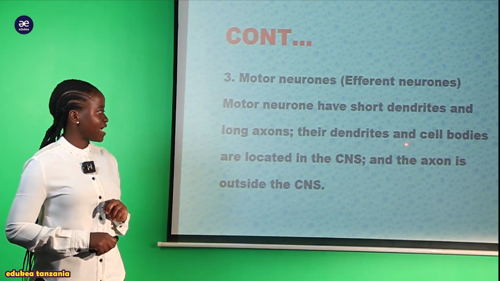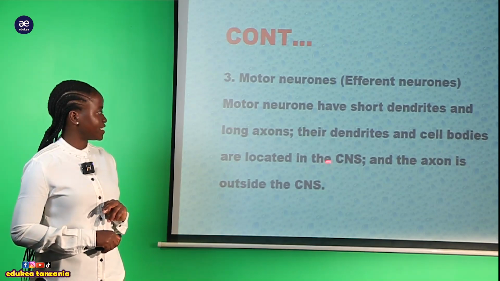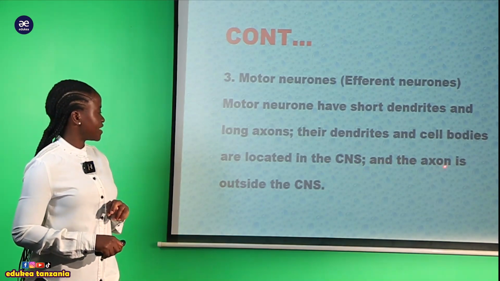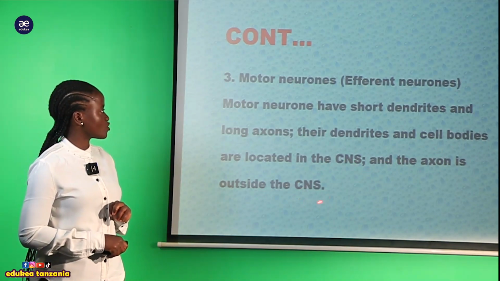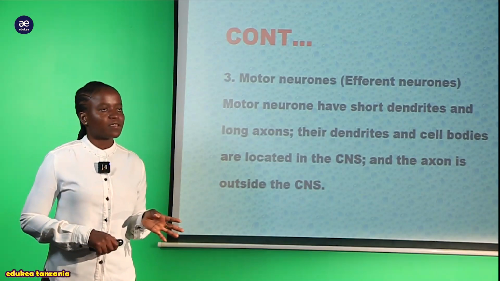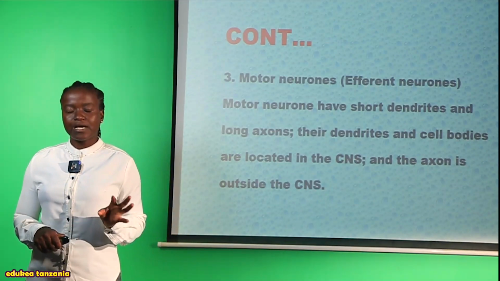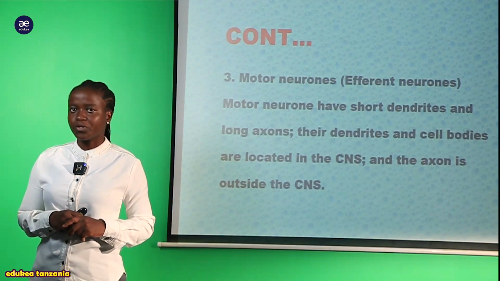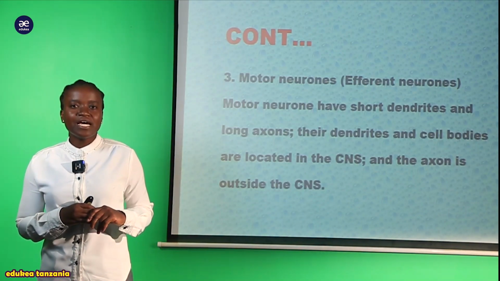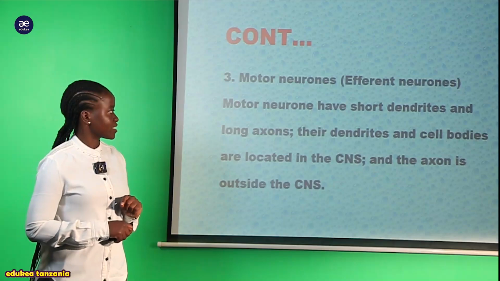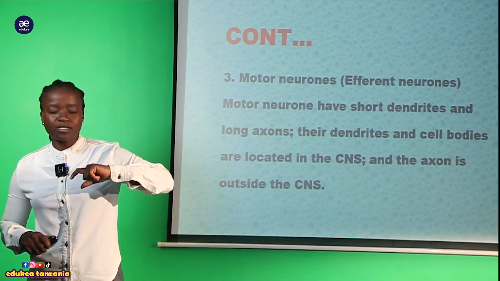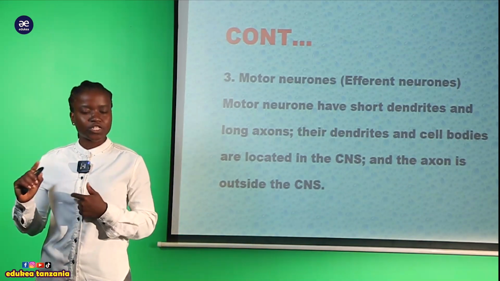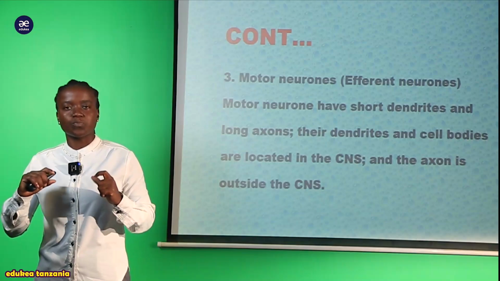Their dendrites and cell bodies are located in the central nervous system, and the axon is outside the central nervous system. Mainly we are talking about the motor neuron or efferent neuron. We say that it has short dendrites but a long axon.